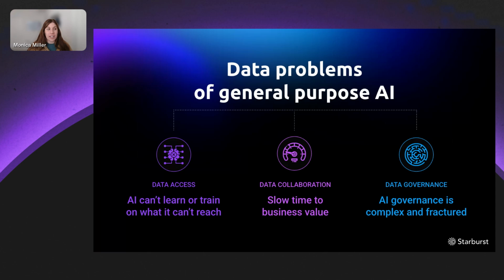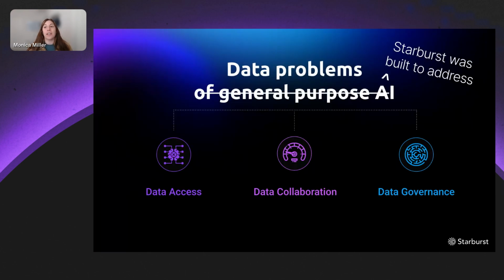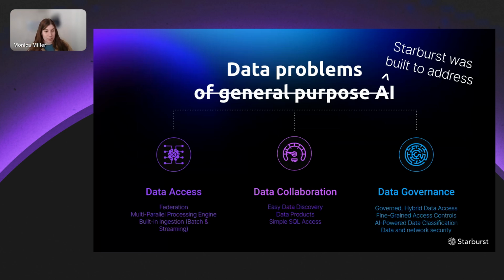With that, we have taken a lot of that feedback and seen where we can help. Starburst was actually built to address a lot of these same data problems if we remove the AI aspect of it. Our data access piece, having the Trino engine powered for both data lake analytics and high-speed federation, is still one of the key places you see Starburst shine, where we're able to access data not only in the data lake, but also in MySQL, wherever you need your data, both on the cloud and on-prem.